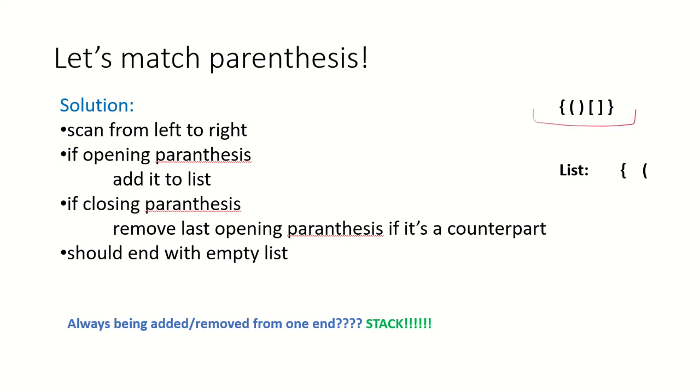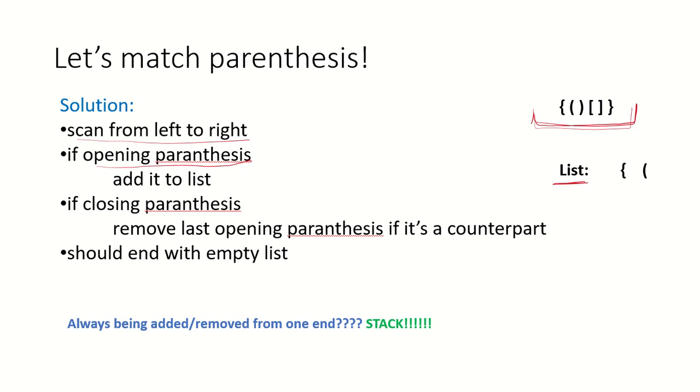So if we have a set of parentheses like this, if we remove the operands and we are just left with a set of parentheses, we are going to scan from left to right. And if it is an opening parenthesis, we are going to add it to a list.